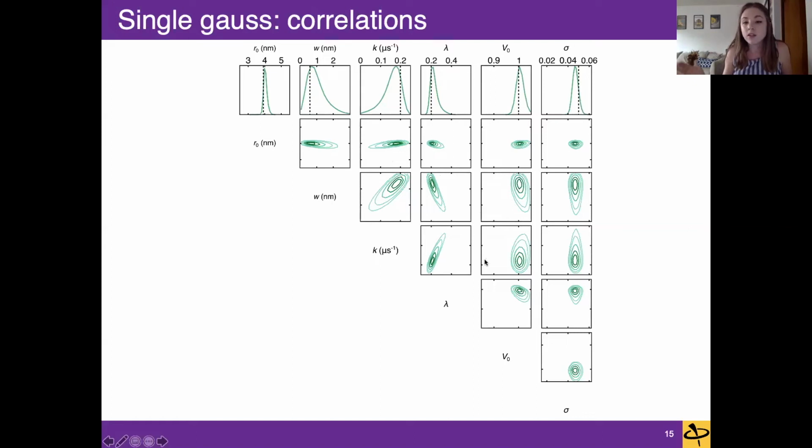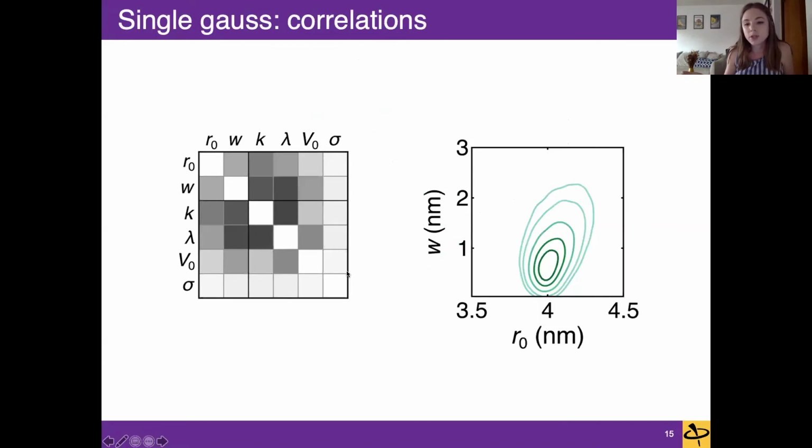But this is a lot of information in one graphic, and this is only for a single Gaussian case, so it gets significantly more complicated with more complicated models. For ease of interpretation, we condensed these correlation plots into a correlation matrix where across the diagonal it's showing the same thing, just inverted, and the intensity of the grayscale is respective of the intensity of the correlation.